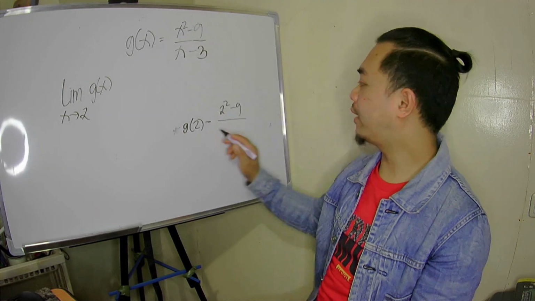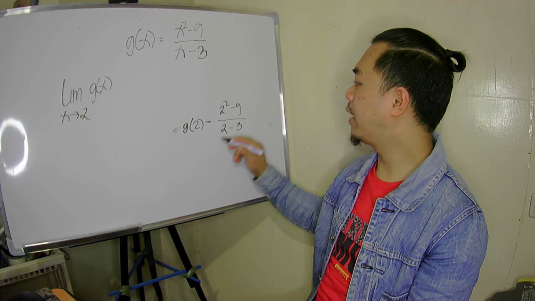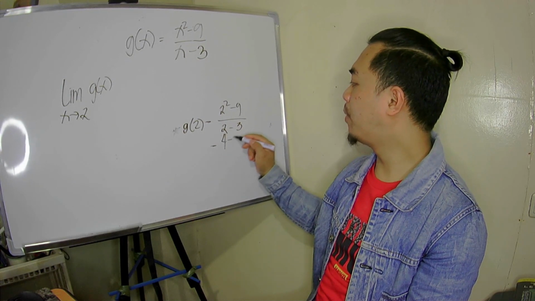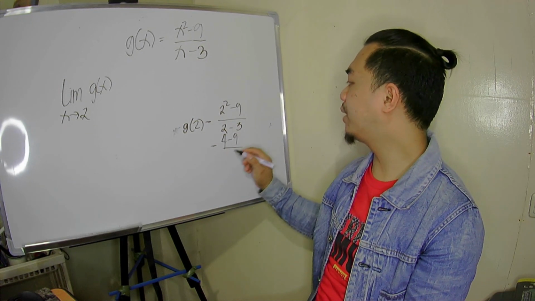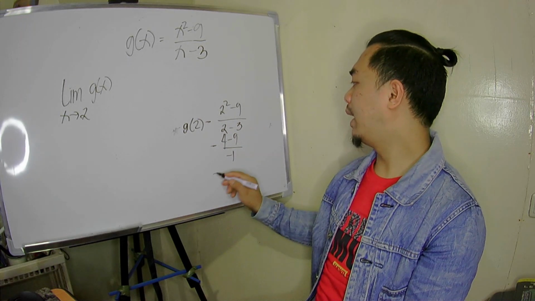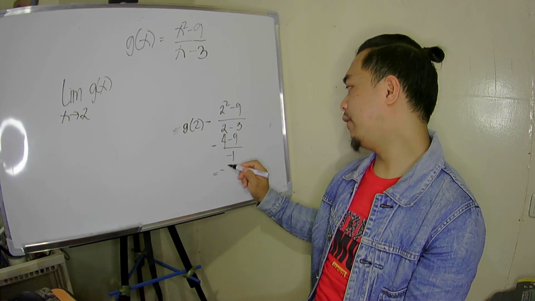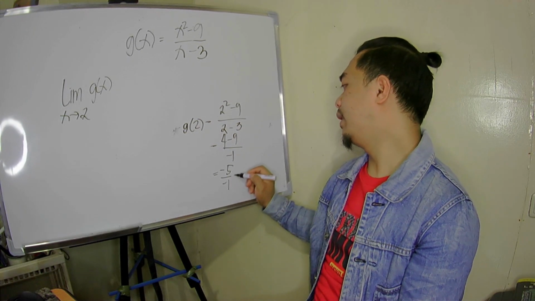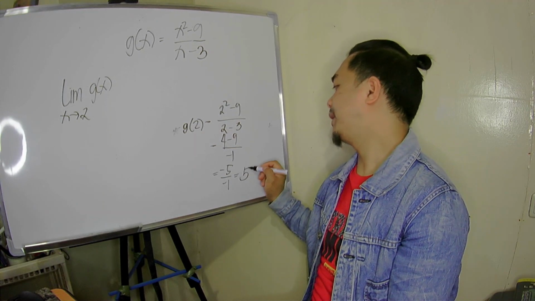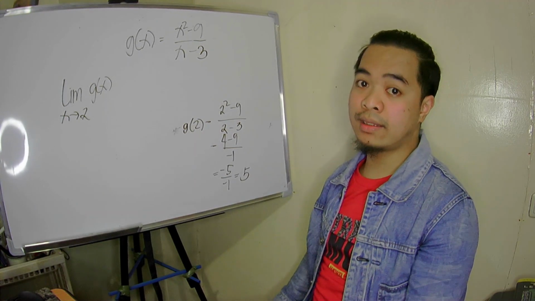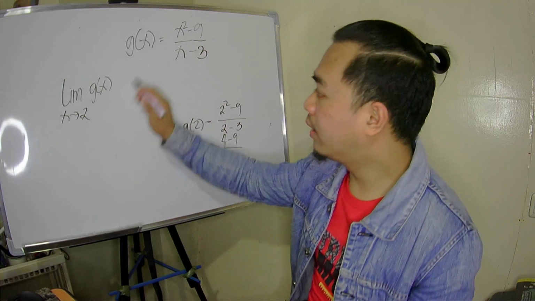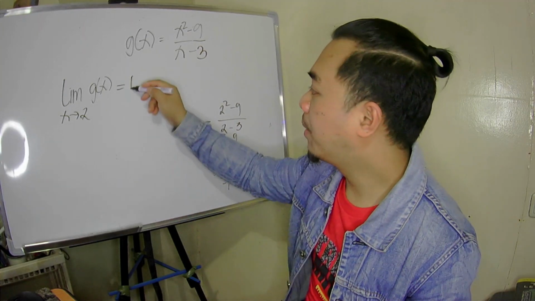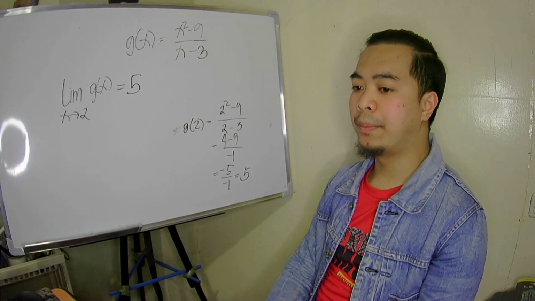Sinubstitute lang natin ang 2 sa x. So we have 4 minus 9 over 2 minus 3 is negative 1. 4 minus 9 is negative 5 over negative 1. That is actually positive 5. It exists. Actually, the limit, the answer here is indeed positive 5.